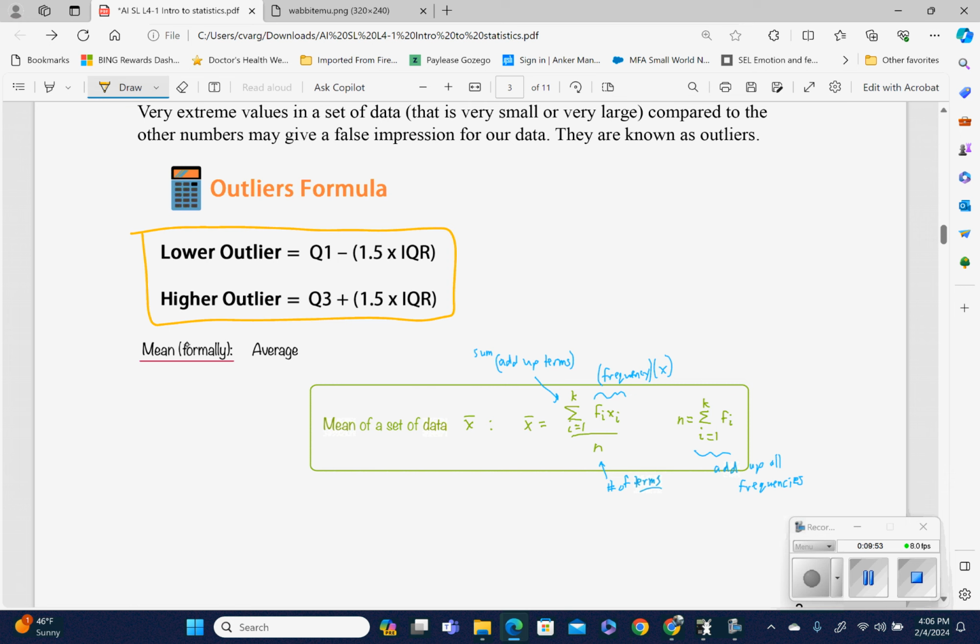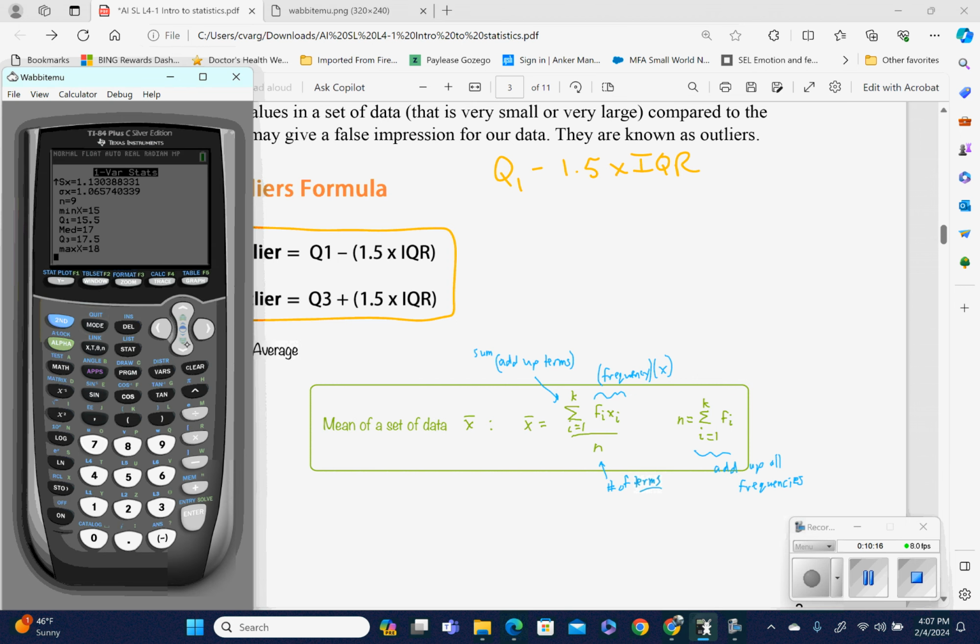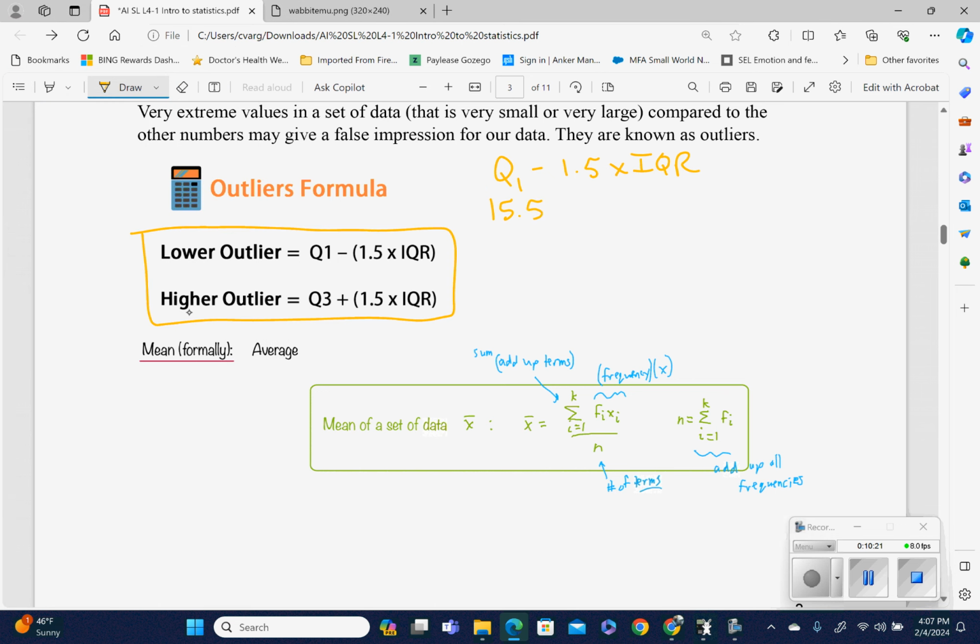So if I said to you, what is my lower outlier? How do I tell if something is a lower outlier? My formula for the lower is Q1 minus 1.5 times my IQR. So I'm going to do that for the data that I had above. My Q1, let me go back to my calculator, is 15.5. So I'm going to do 15.5 minus 1.5 times my IQR, which is Q3 minus Q1.